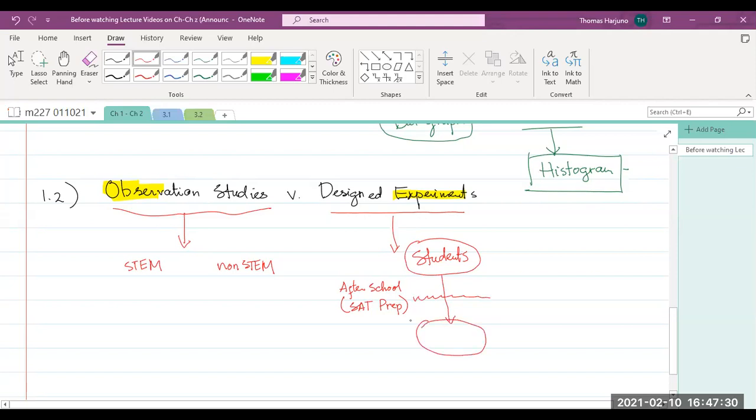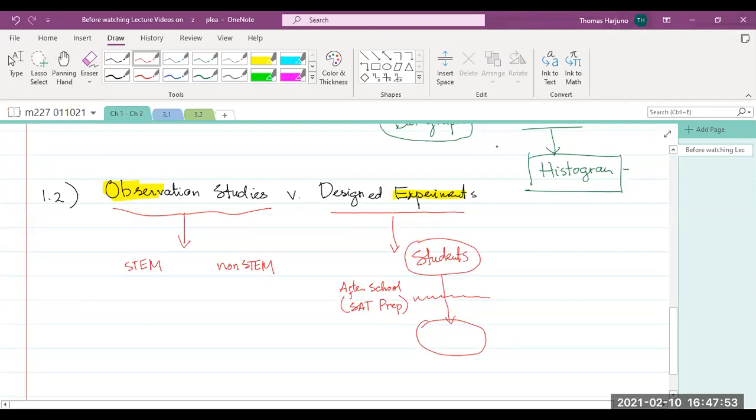So this way we can see the effect of putting our children into an after school program. Will that improve his or her performance at school? Okay, when you put somebody into SAT prep, of course, the expectation is the SAT score will improve, right?